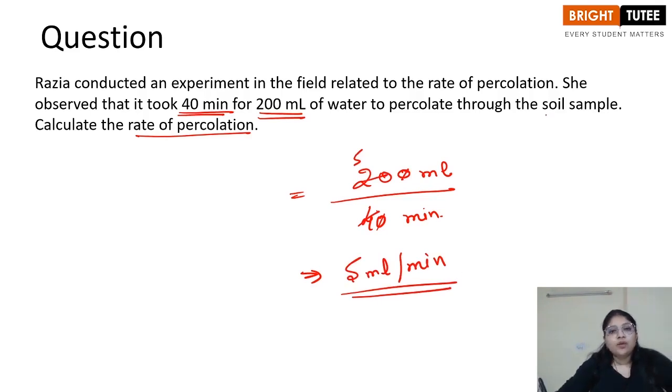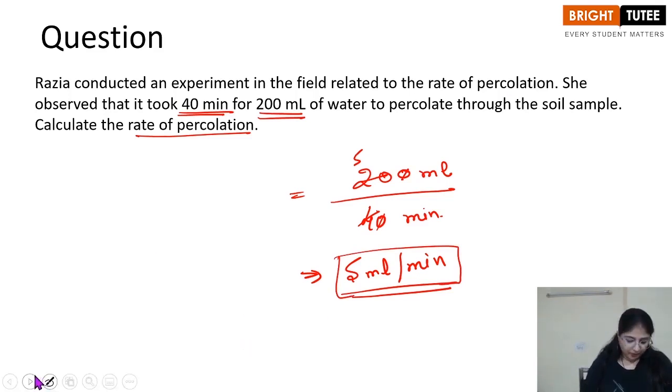So, in this way, you can calculate the percolation rate of various soil samples. Also, you can solve different numericals related to the same using the percolation rate, right? So, for her soil sample, the percolation rate was 5 ml per minute.